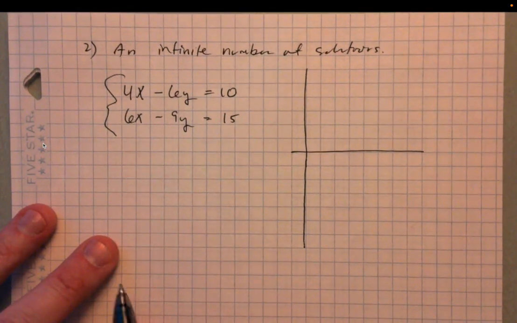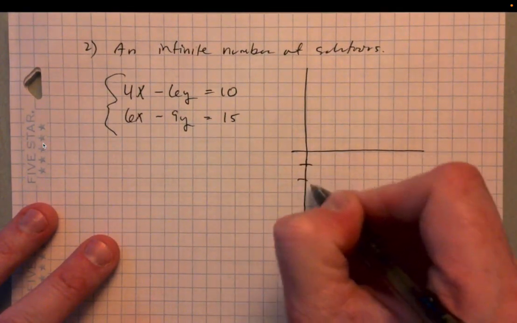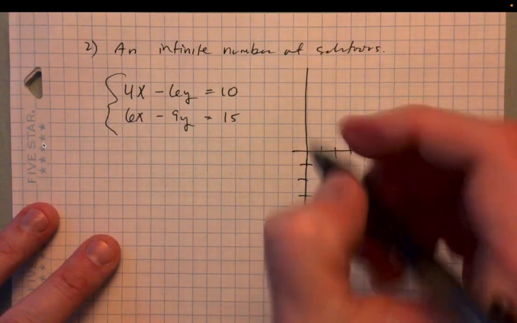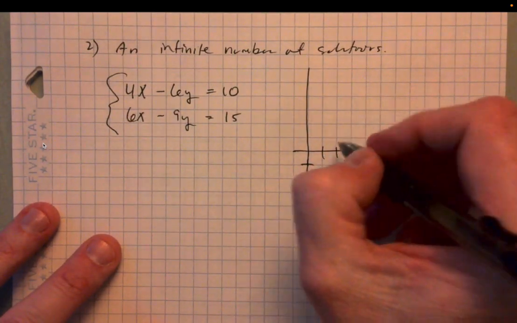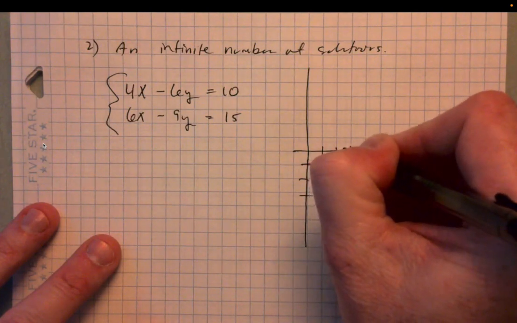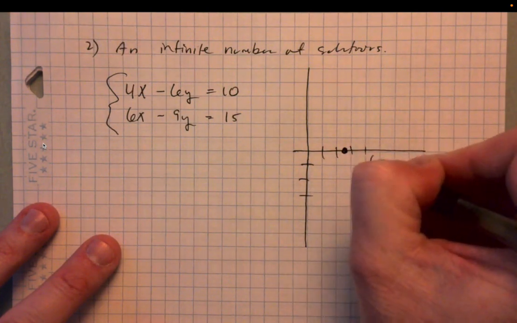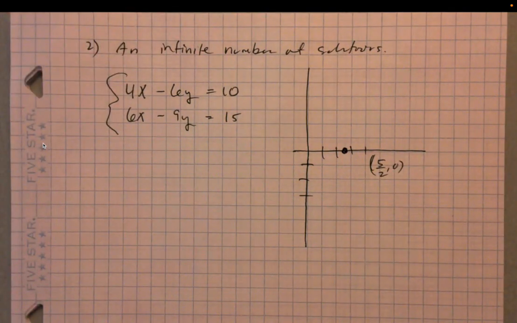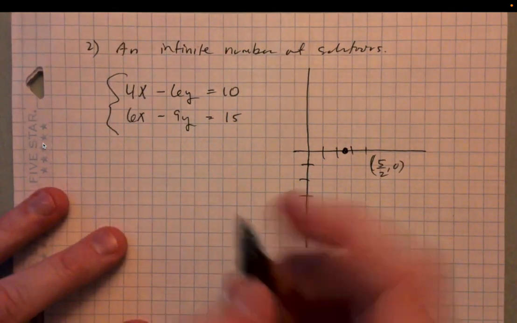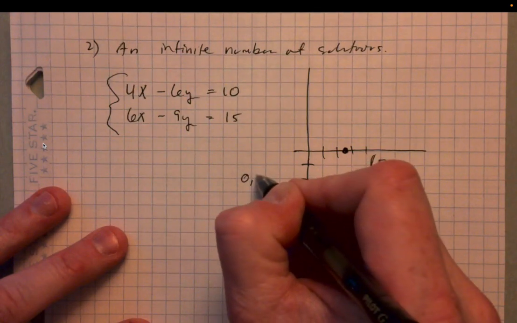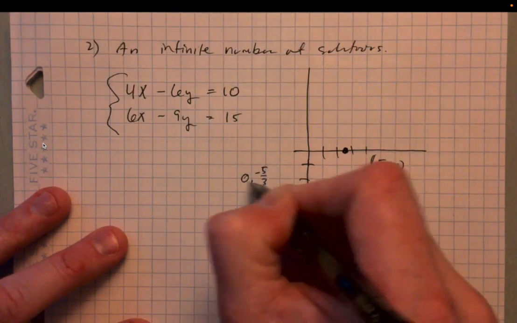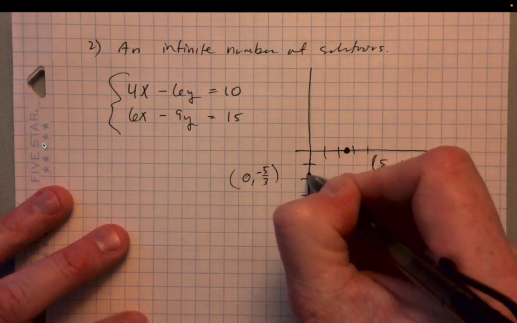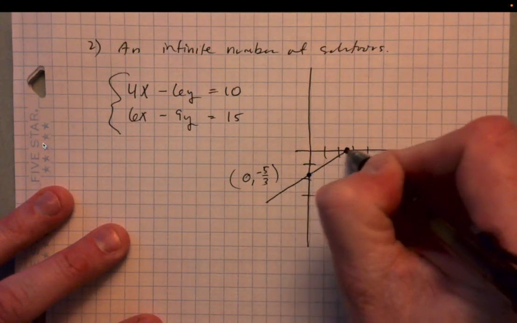This guy is going to intersect at 5 halves, so that's about 2.5. So (5/2, 0). The first line will go through there, and then (0, -5/3). You could just do the algebra here to quickly see this, but in the interest of time, I'm trying to draw this quickly for you.